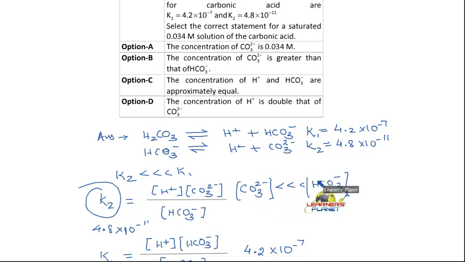Here the concentration of CO3 2- is far less than HCO3-. Next option: the concentration of H+ and HCO3- are approximately equal. Yeah, that is the case. They are approximately equal because all the H+ is coming from H2CO3. The concentration of H+ is double that of HCO3-. Of course not. You can't say that.